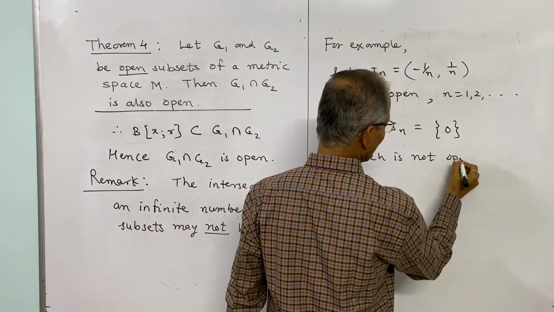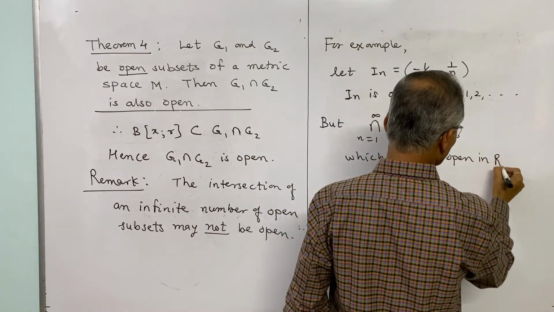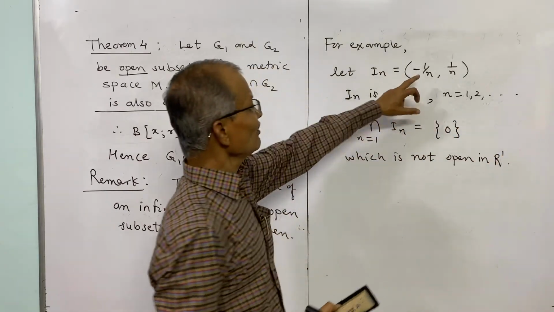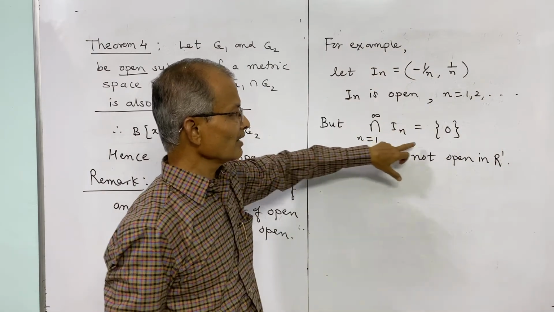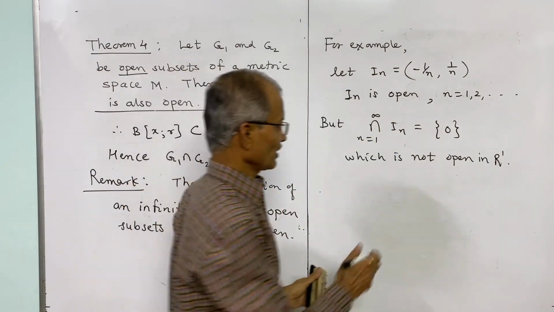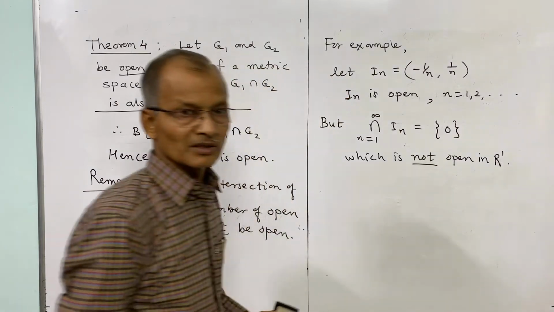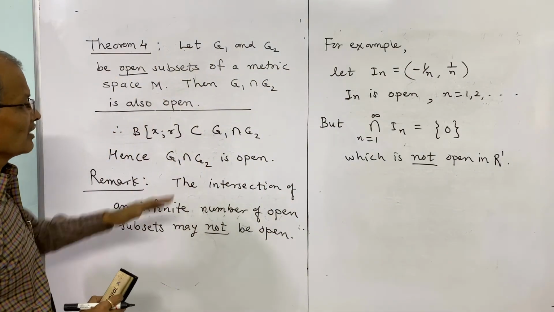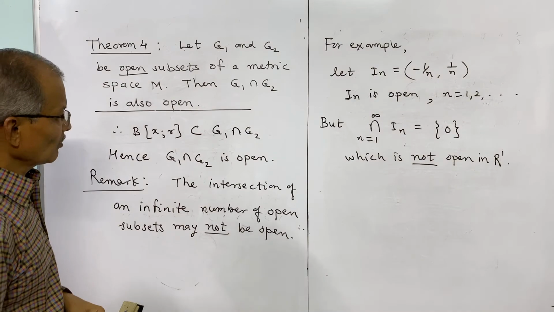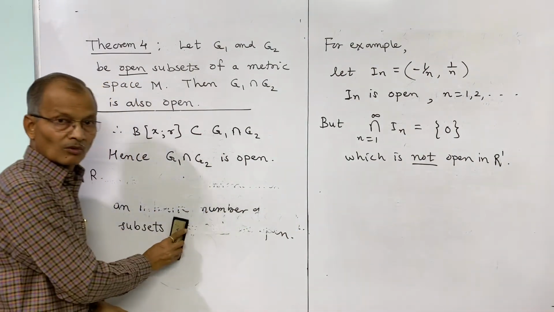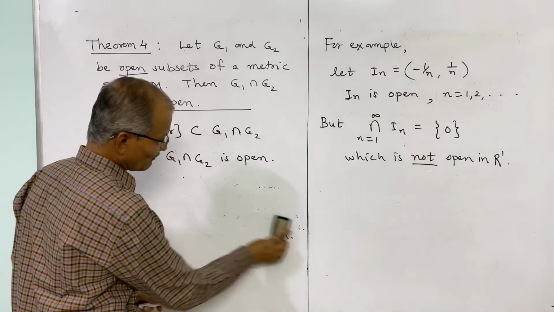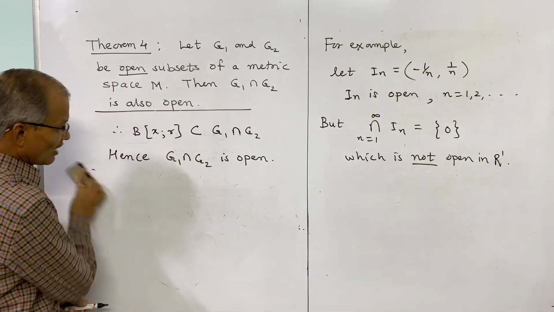Not open in R1. And thus, though every interval is open, their infinite intersection is not open. And that is the difference between the union and intersection of open sets. If it is infinite, then it may not be open. But a finite intersection of open sets is open.